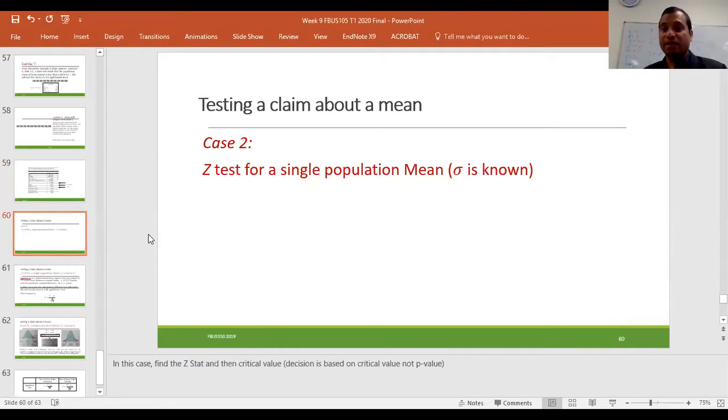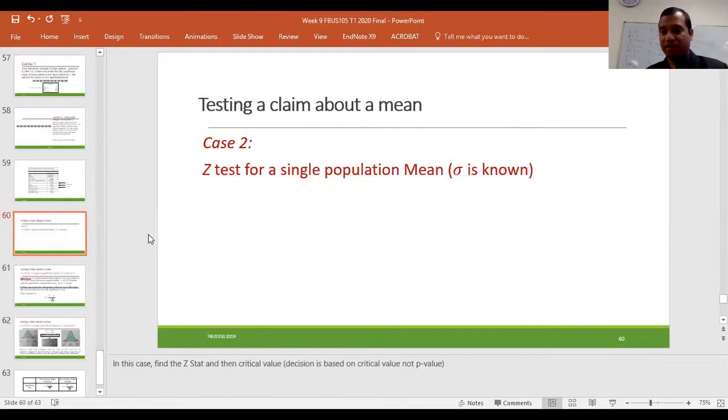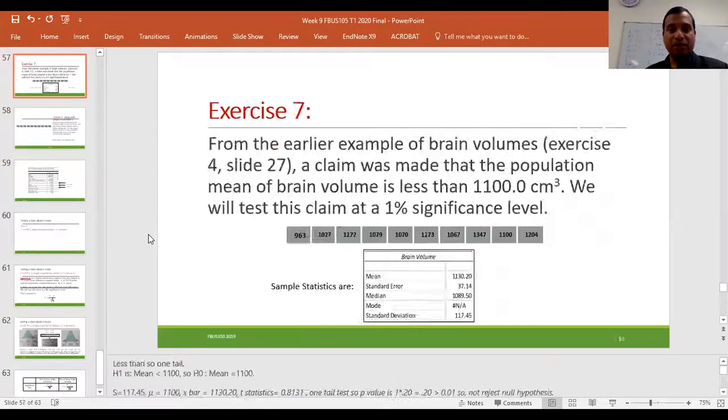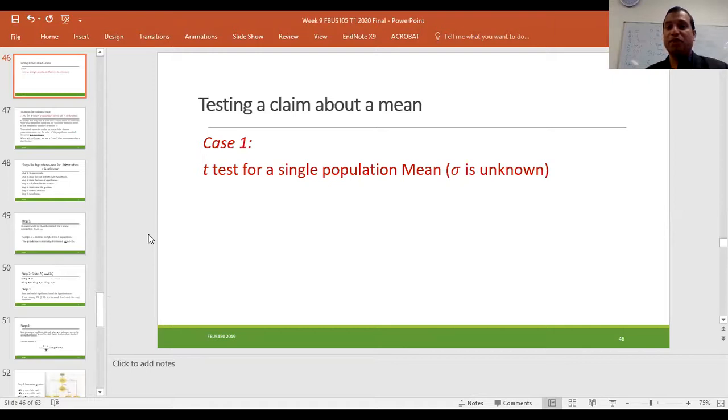In this second case, sigma is known and it is easy. The sum is very easy, so I will let you know this next time. Just keep in mind what we have covered here: the t-test for a single population mean where the standard deviation is unknown. We have dealt with this one.